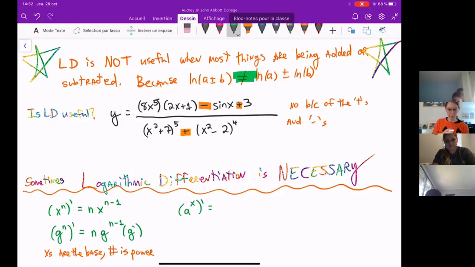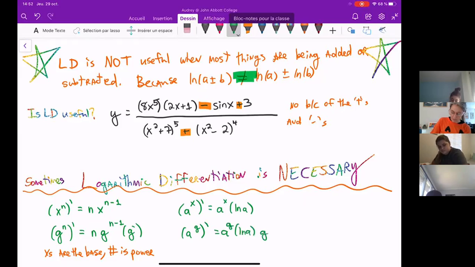There's ln a involved for sure, but not just ln a. You got it. It's a to the power of x times ln a. Or I could have a function up there as well, and it would be a to the function times ln a times the derivative of that function. In this case, the number is my base, and I have x's up in the power.